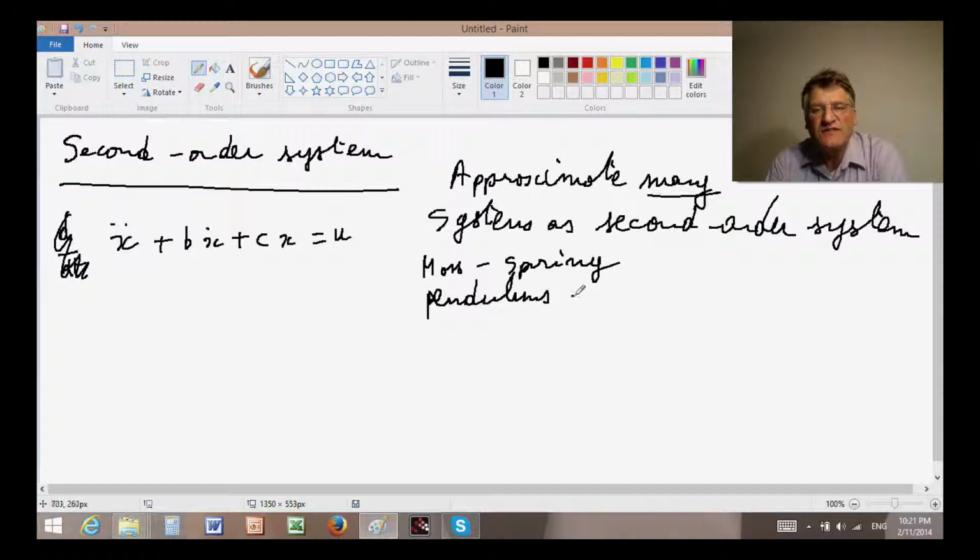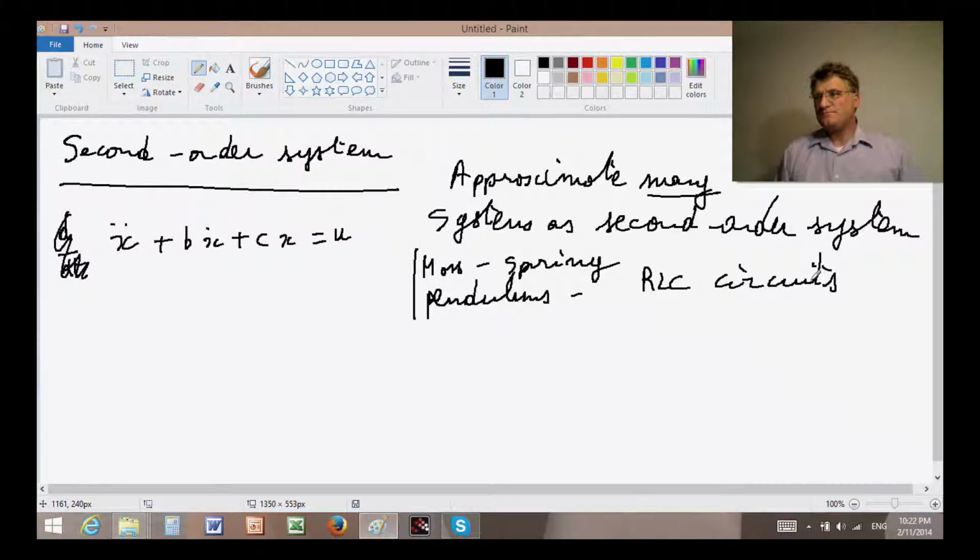All these satisfy the same equation, or RLC circuits. So the question is, what is the time response of such systems? And the answer really depends a lot on the parameters b and c.